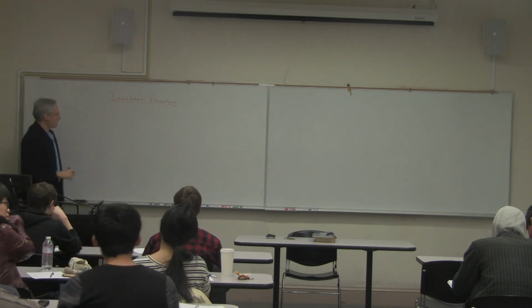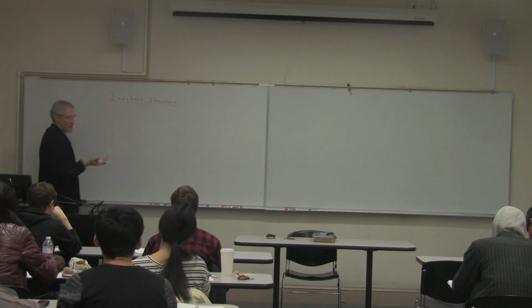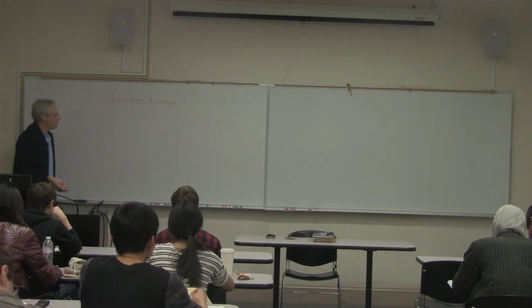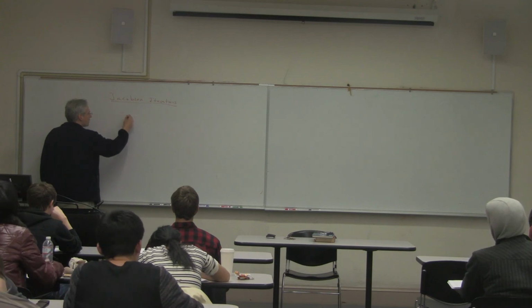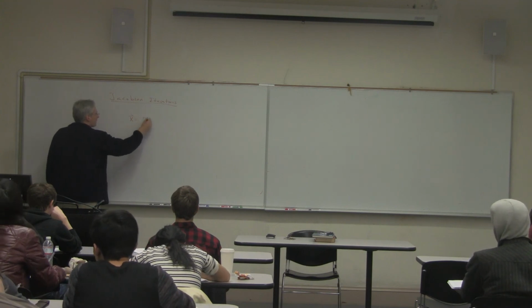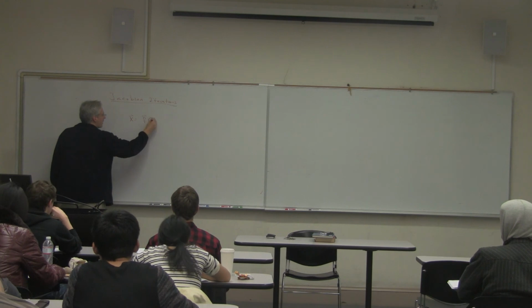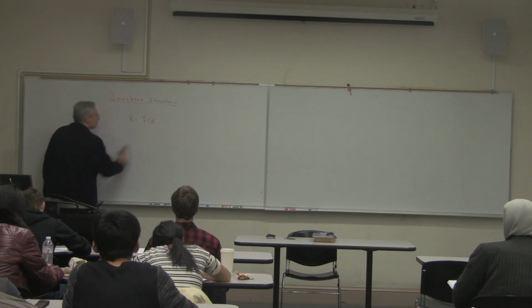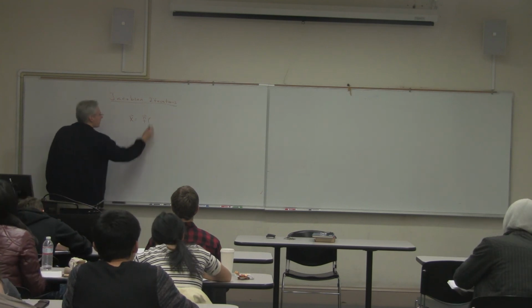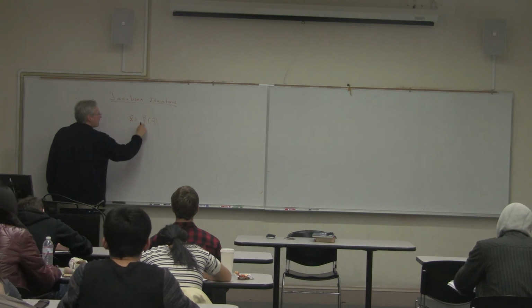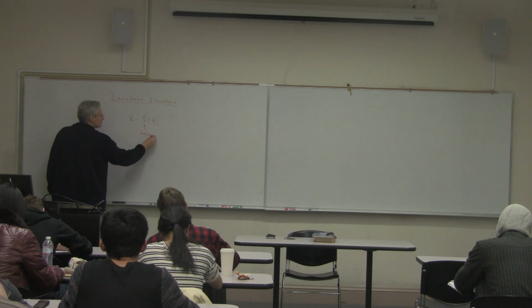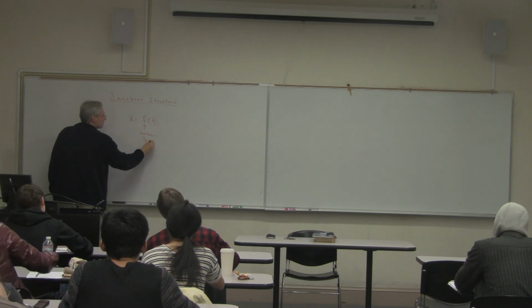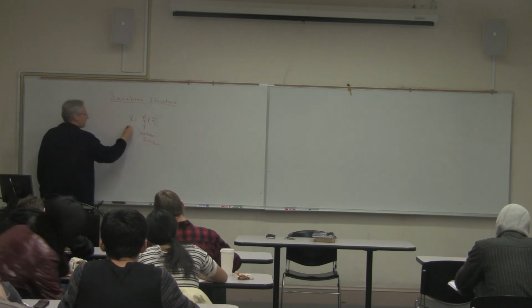Okay, so in general, if you have a nonlinear problem, like you have an equation that you want to solve, like x equals f of q, where this is some nonlinear function, and you're given x.